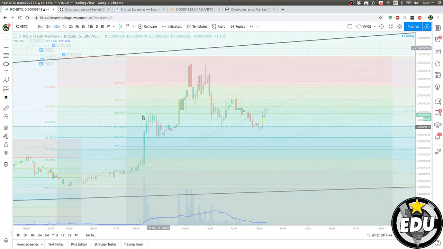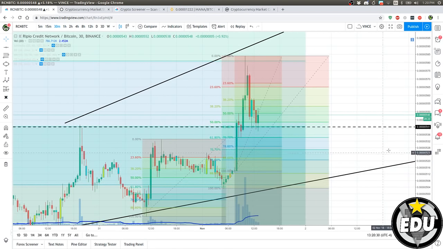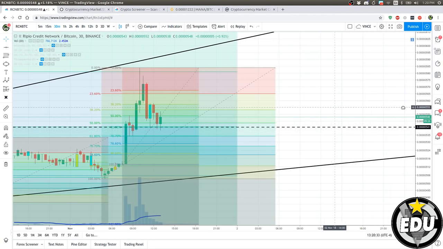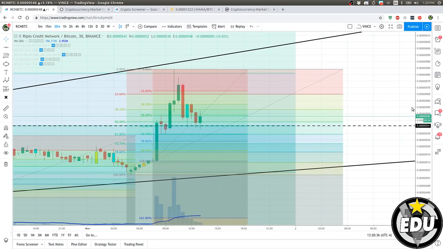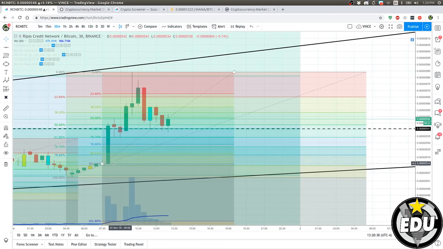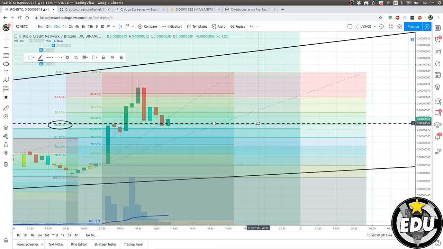I would probably look at 30 minutes, and this is just a way that I do sometimes. I try to see where the coin bounces on the short term. So if this candle bounced here, and then those two candles bounced on this level, which is the 50% Fibonacci, in this case I would have put my horizontal line in between those bounces.